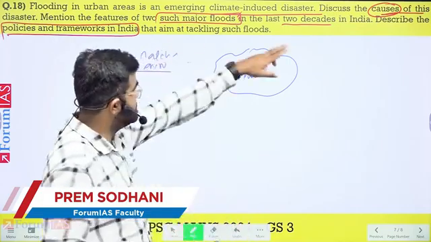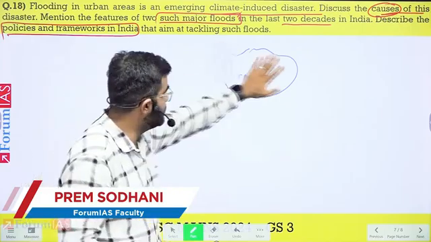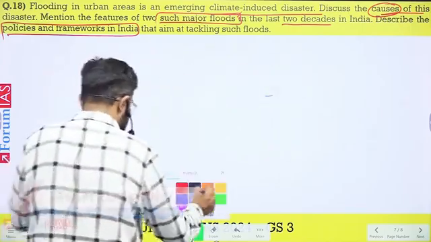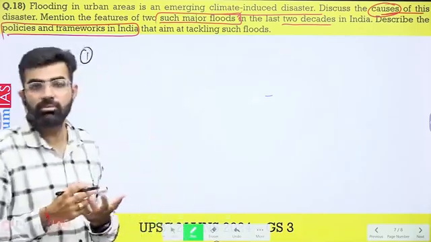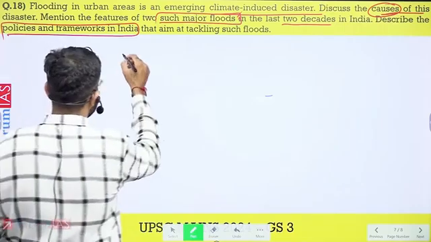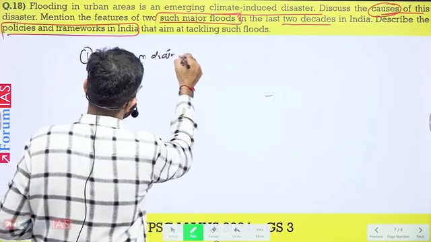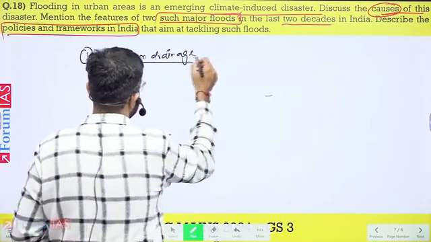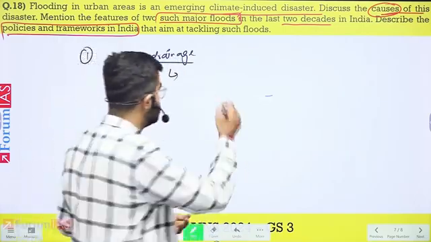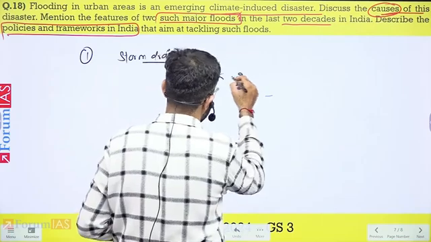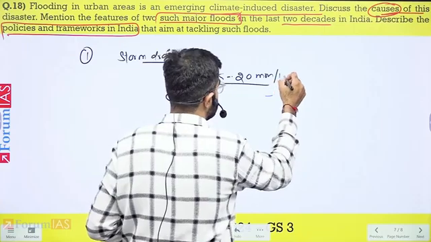Now the second aspect asks, what are the causes of urban floods? Number one, most of our cities do not have storm drainage systems. In many of our cities it is not found, and in some cities, if it is found, it is of very little capacity. Let's say they can handle 15 to 20 mm of water per hour.